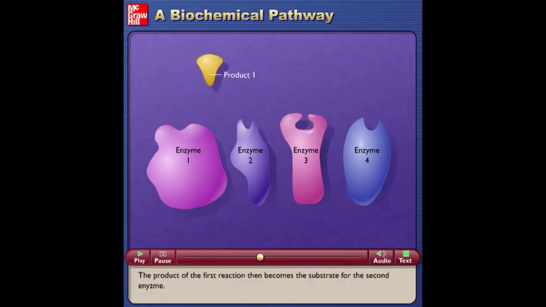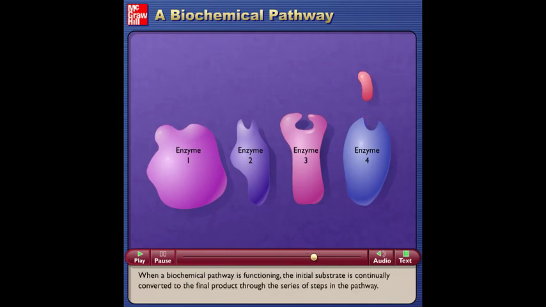The product of the first reaction then becomes the substrate for the second enzyme. The sequence of reactions continues until the final product is made. When a biochemical pathway is functioning, the initial substrate is continually converted to the final product through the series of steps in the pathway.